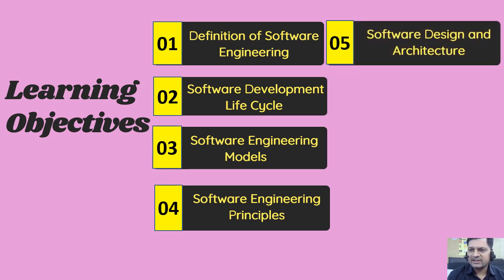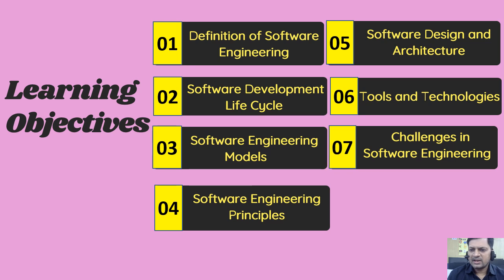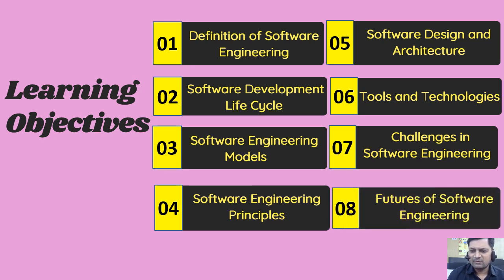Then we cover design and architecture of software, tools and technologies that we use for developing the software, what are the challenges in software engineering, and lastly we'll end with the futures of software engineering.